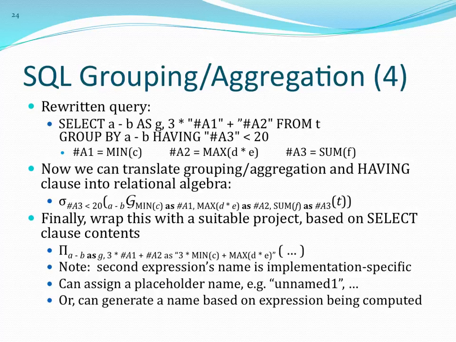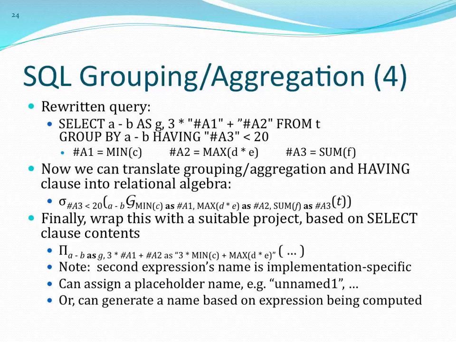And that is an implementation-specific choice. Most databases, in fact, will generate a name based on the expression contents. So it would be very common to see somebody rename that as 3 times min C plus max D times E because that explains what it is. Most databases do that, so that's a very good choice.